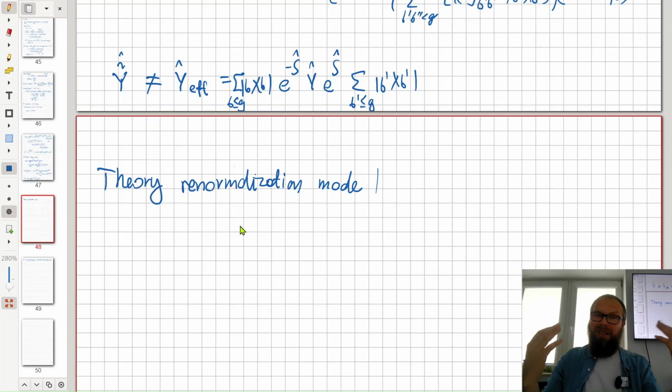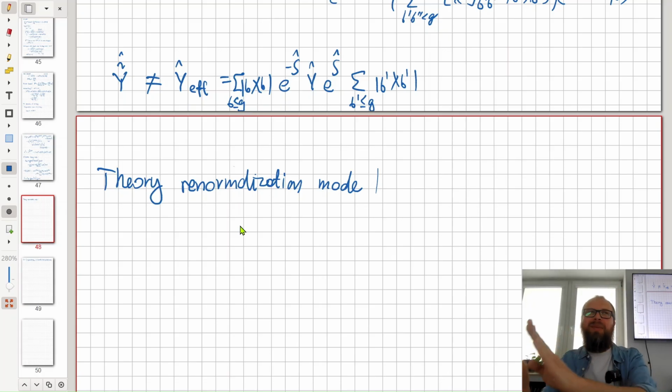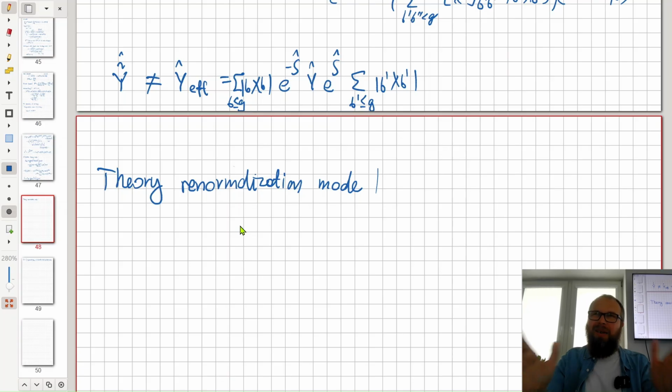And maybe you can make it even broader, because I use theory in the narrow sense: quantum mechanics with this Hamiltonian is theory number one, you change the Hamiltonian, theory number two. But in a broader sense, maybe classical mechanics is also an effective theory.